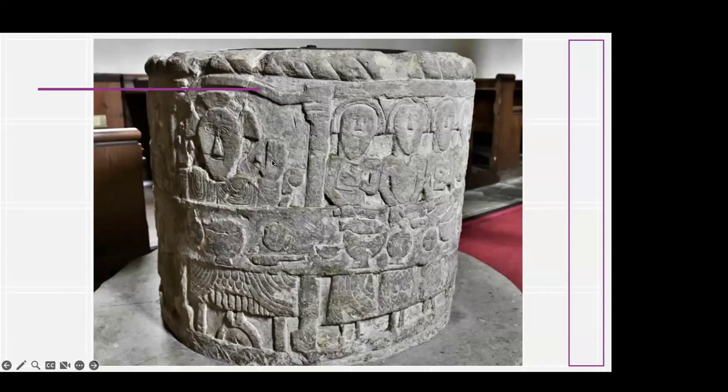Now, one of the tremendous charms of this font and others is that the Italian ideas of perspective have not yet penetrated. So this is the table of the Last Supper. And on this table, you have loaves, you have a knife, you have fishes in a bowl, there are flagons, and each of the disciples is seated with food in front of him.